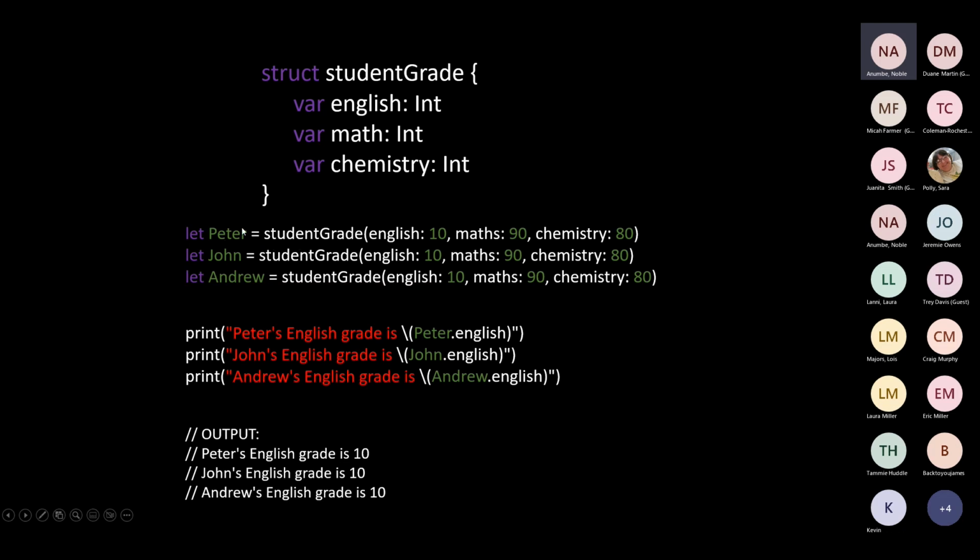So I'm trying to get Peter's student grade, and I enter all of this. For John, I enter all of this, and then it prints this out. And I print Peter's English grade is this, Peter.English. John's English grade is this, John.English. So when I did this, it can actually go pick all of those answers, and then I have this output.